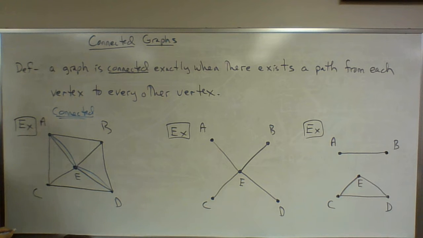They're connected. There's another path from A to D. We could go from A to B and B to D. C to D. Well, of course, C and D are connected directly by an edge. Any two vertices here, there's a path going from one to the other.